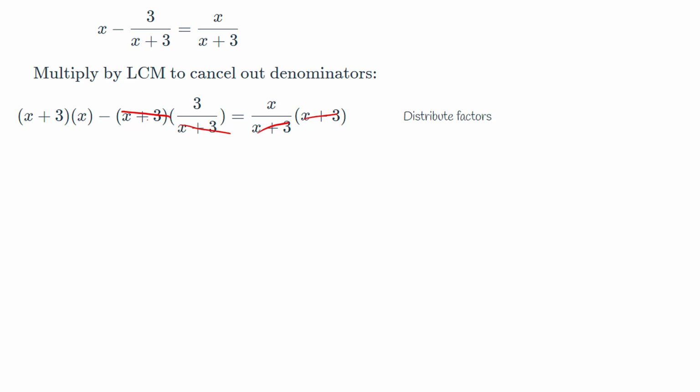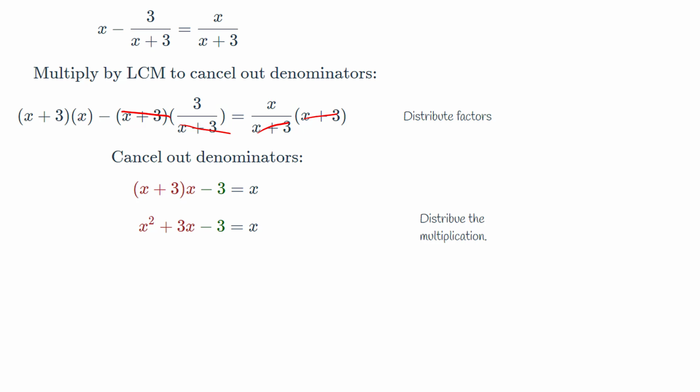So we should be left with x plus 3 times x minus 3 equals x. When we cancel out the denominators, that's what we're left with.